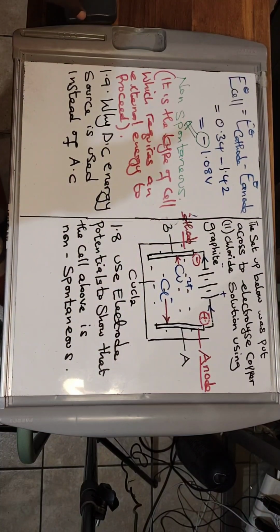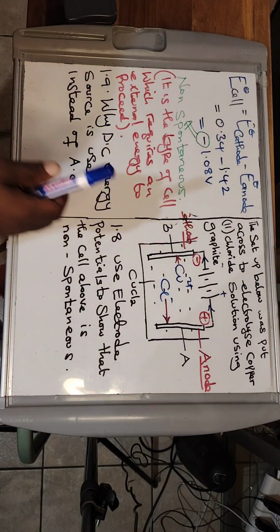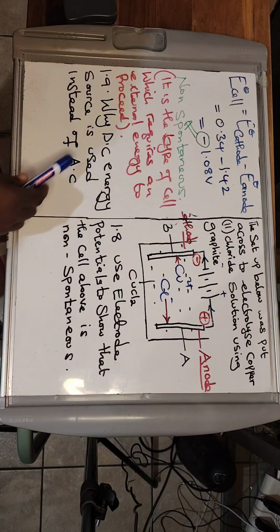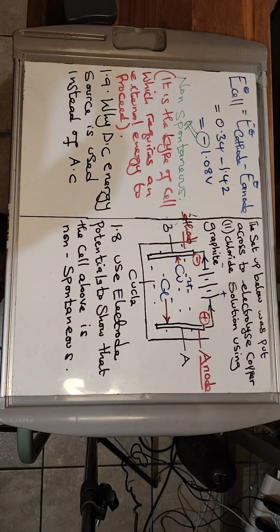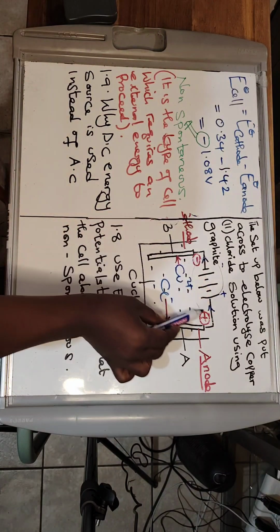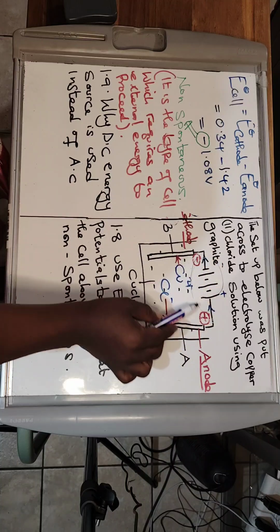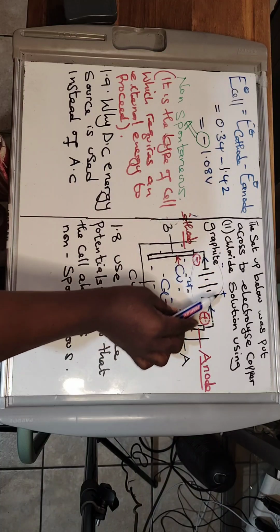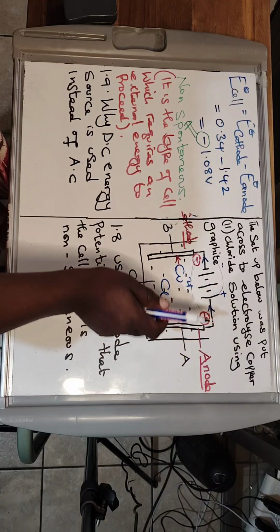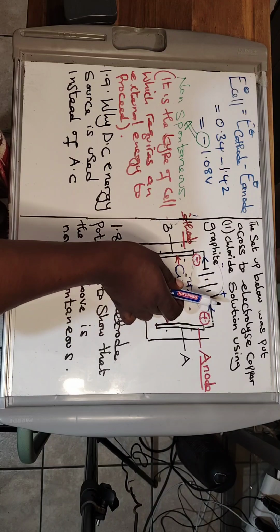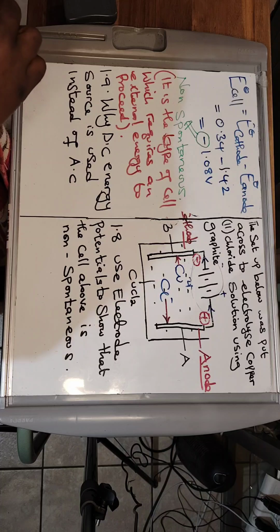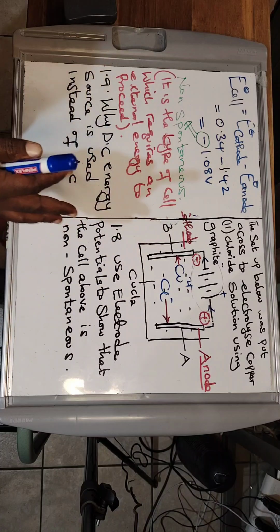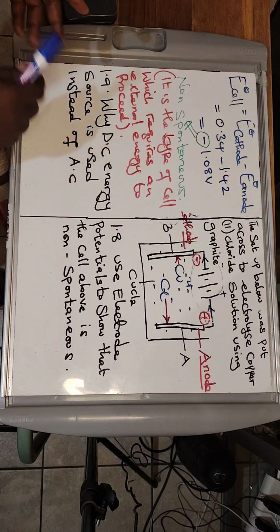Now, the last one of this series of questions is this one. Why is a DC energy source used instead of an AC energy source? You have to know that the battery and the other kinds of energy sources of this manner, which maintain one side permanently positive and one side permanently negative, are called DC sources. And why do we use them here, not AC?